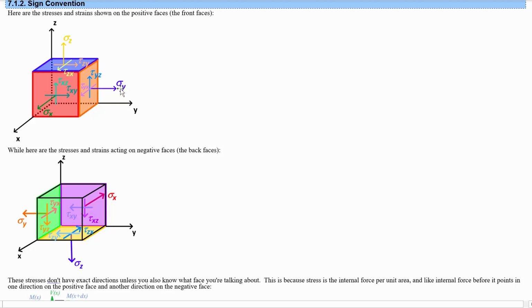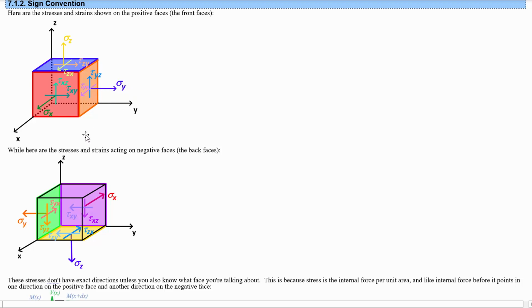It's for the exact same reason that you had to reverse the stresses when you're talking about one side versus another side for these internal forces per unit area, you also have to reverse the shear stresses when you're talking about one side versus the other. It's convenient to think about the negatives just kind of canceling out.